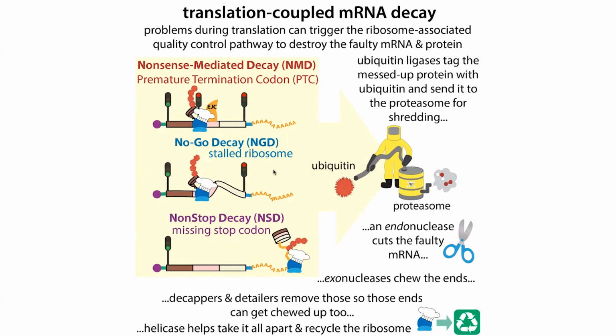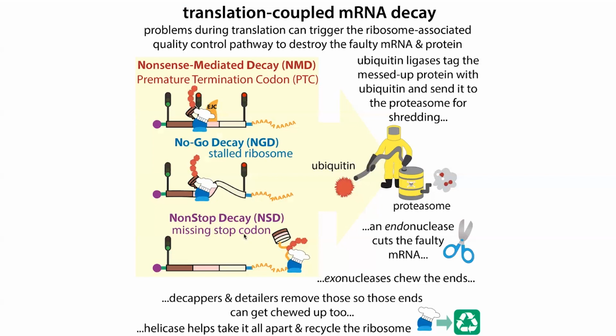Plus, it's really a waste of time and energy to keep making all this faulty stuff and then degrading it. And you're also hogging the ribosomes when they could be making things that can actually work. And so these processes are really important for removing that messenger RNA, so you don't keep making these problems.